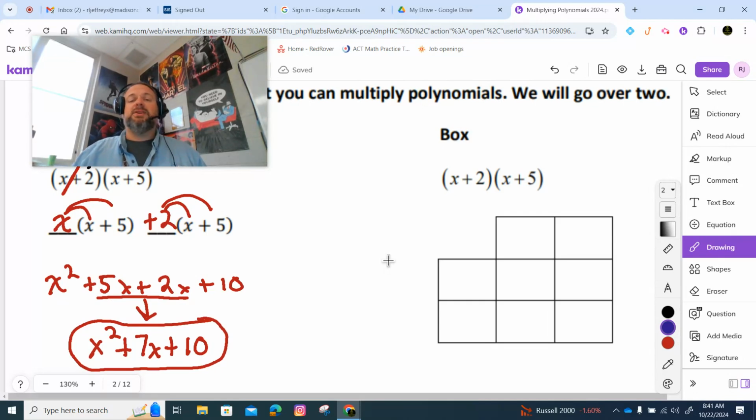All right, so the box method, what I'm going to do is I'm going to take this first term and do it right here. I always do mine this way. I always put the first one in the vertical. Okay.